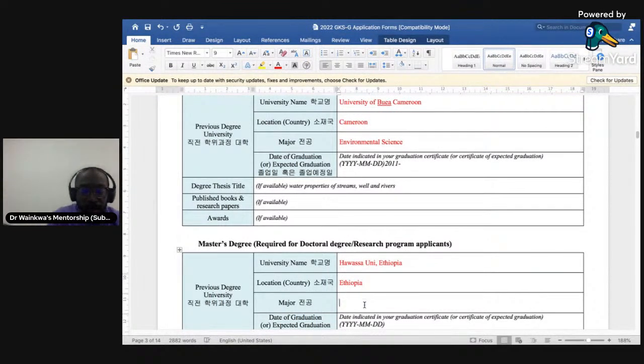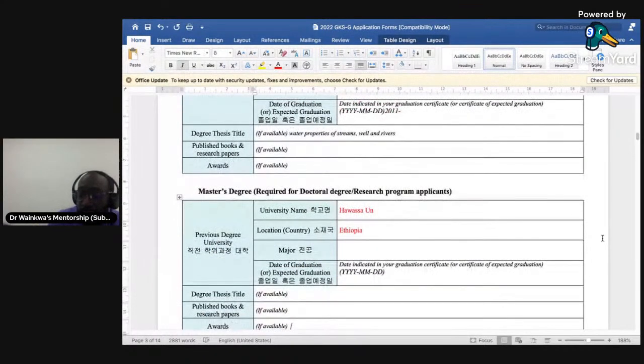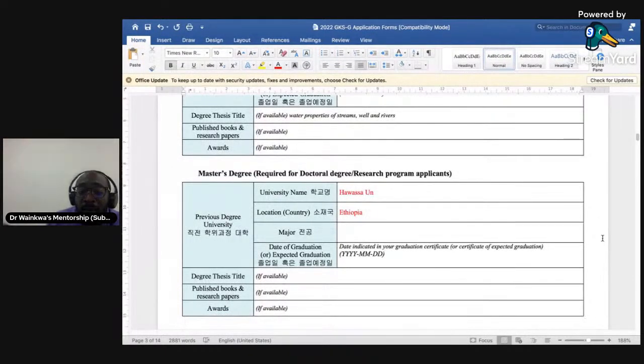My major was climate change and development, where I studied carbon stock in soils, and I had to quantify the amount of carbon sequestration in different land uses. And I graduated in 2015. The month, I still remember, I graduated in July.